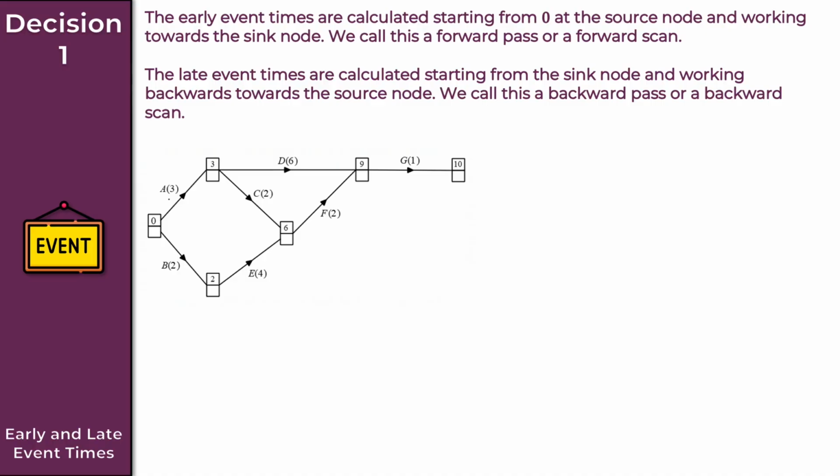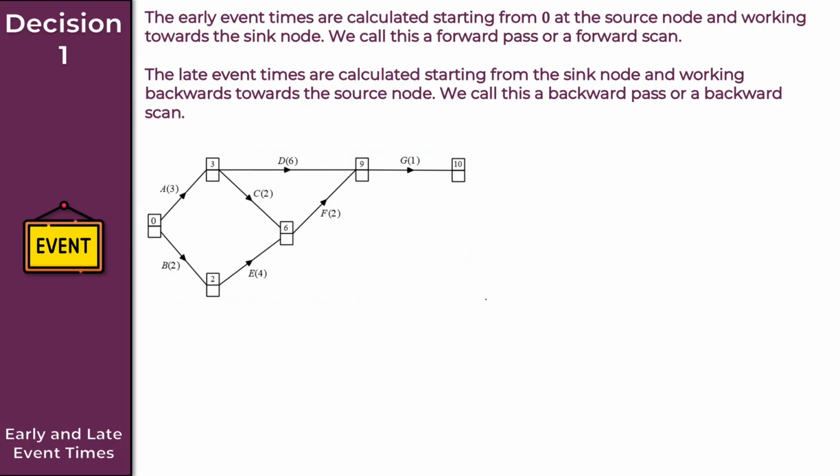As we mentioned before, the number inside the bracket next to our activity is the duration of that activity. So for example, activity A has duration 3, activity B has duration 2, activity C has duration 2 as well, and so on.